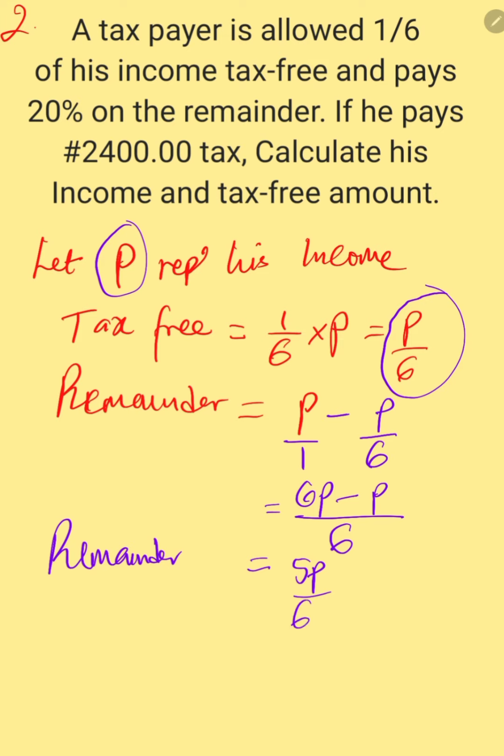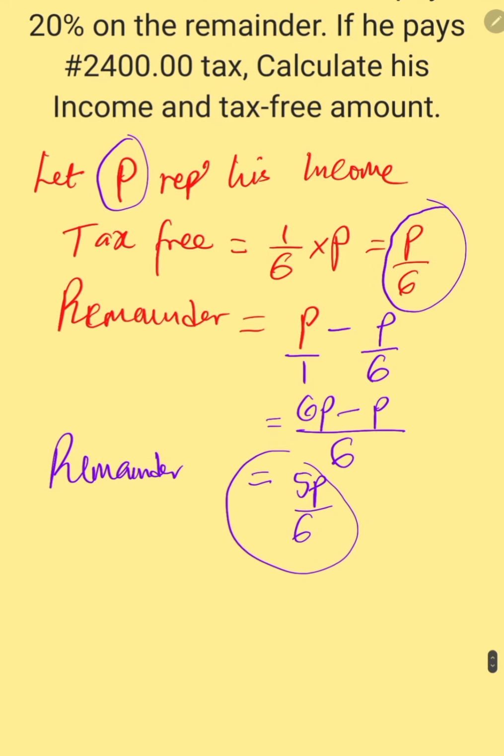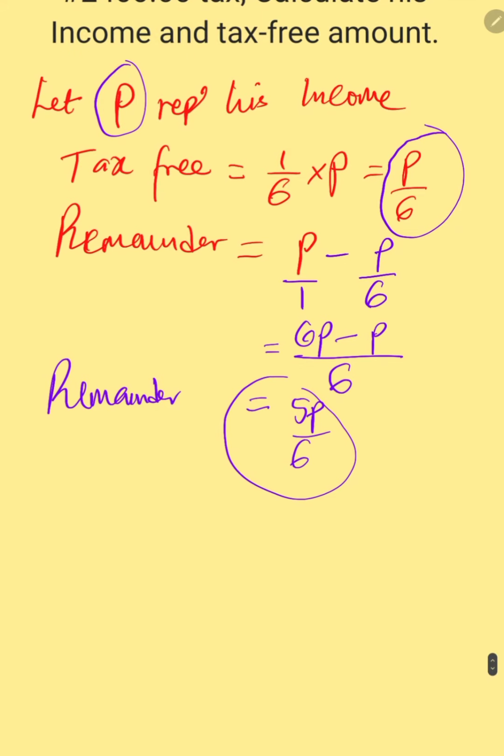And now he pays 20% on the remainder. The remainder is now 5P/6, and he pays 20% on it from the problem. 20% is the same as 20/100, which is 20/100 multiplied by the remainder 5P/6.